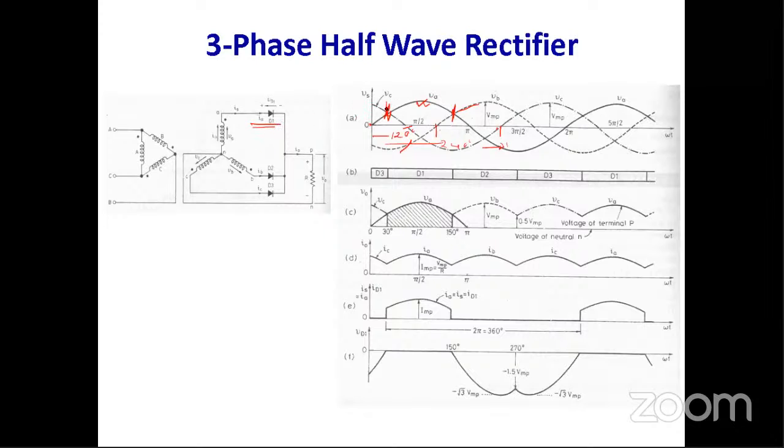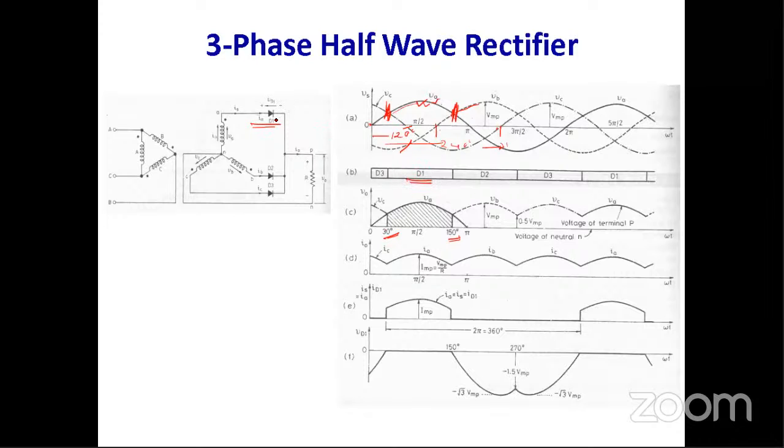This is the zone from pi by 6 to 5 pi by 6, written in radian, or in degree, 30 degree to 150 degree. In that zone the instantaneous voltage in phase A is at a maximum value, so diode D1 will be in forward bias.